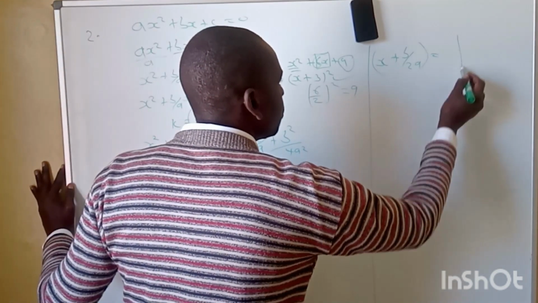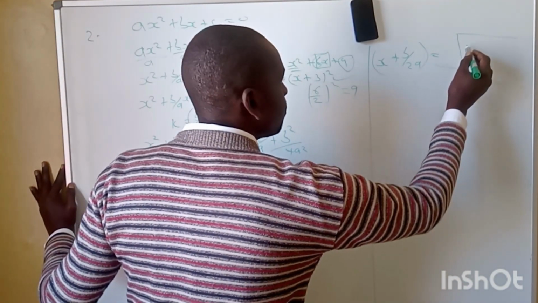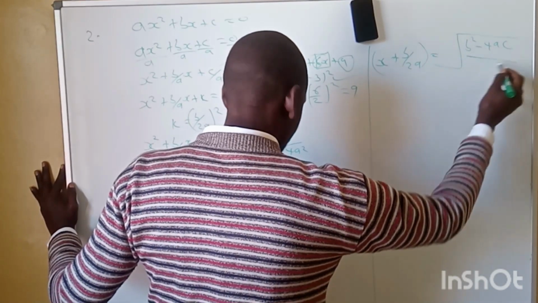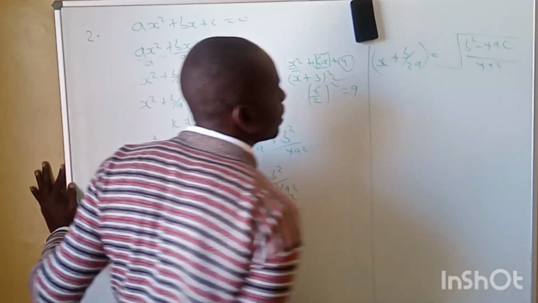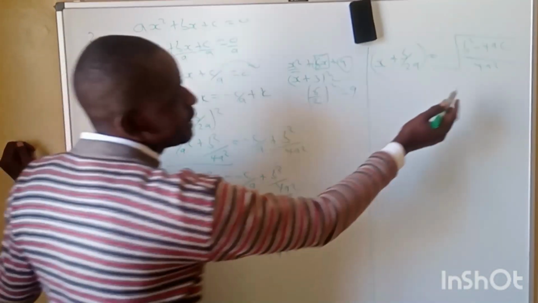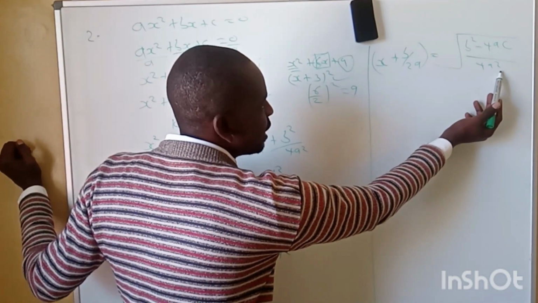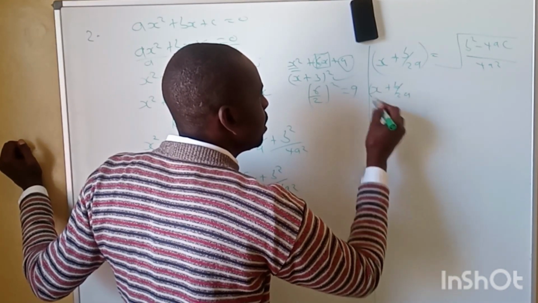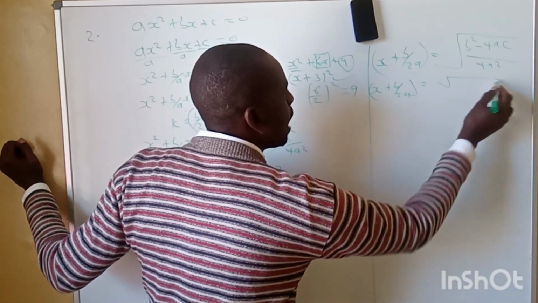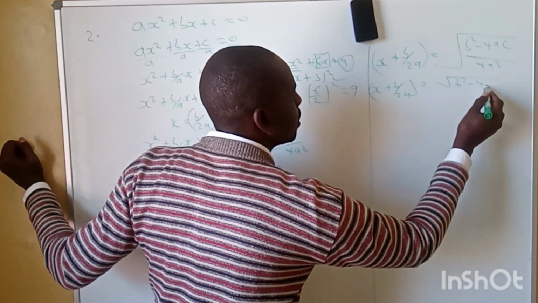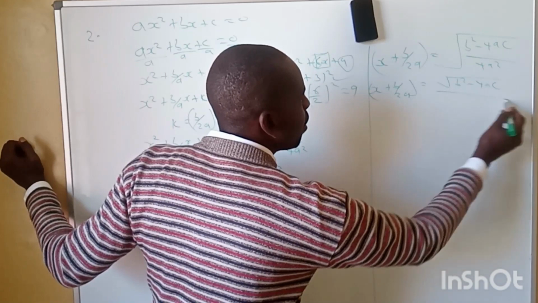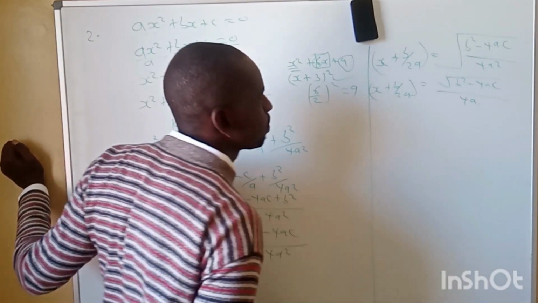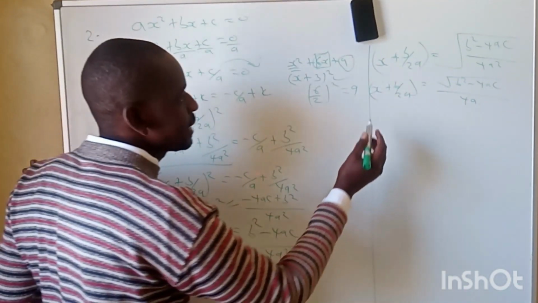We remain with the square root of b squared minus 4ac over 4a squared. But now we can get the square root of the denominator here. So x plus b over 2a is equal to the square root of the upper part, which is the numerator, over, what is the square root of the denominator? 4a.